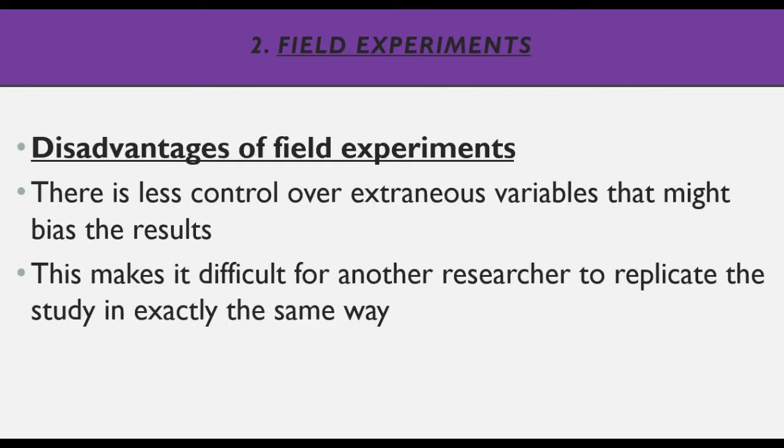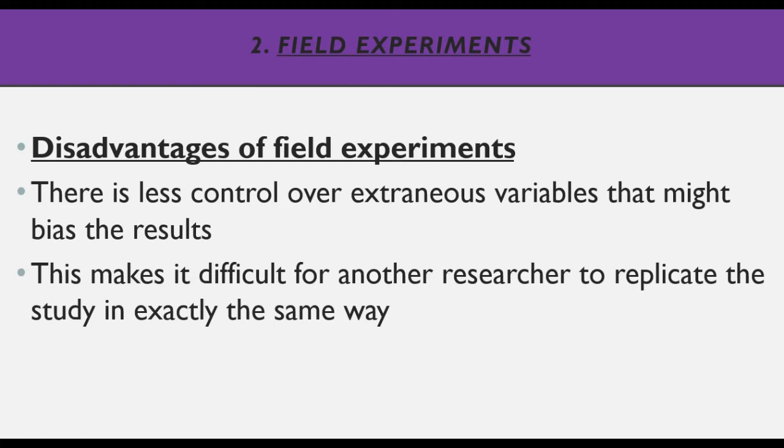Okay? And now, it has a disadvantage. There is less control over extraneous variables that might bias the results. Okay, so, kasi nga, nasa field to, hindi equal yung places na meron tayo sa laboratory kumpara sa field experiment.